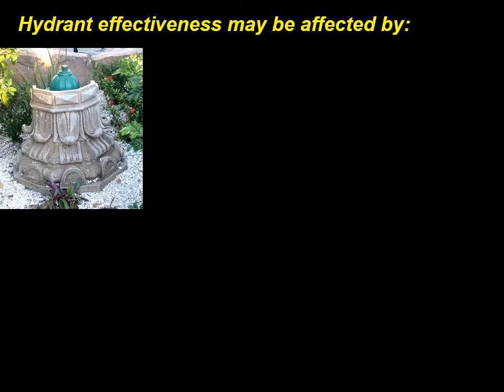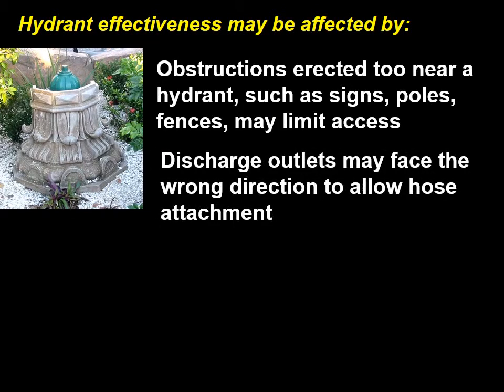Hydrant effectiveness may be affected by different factors. Obstructions erected too near a hydrant, such as signs, poles, fences, may limit your access. I've seen even utility poles placed too close. Discharge outlets may face the wrong direction.